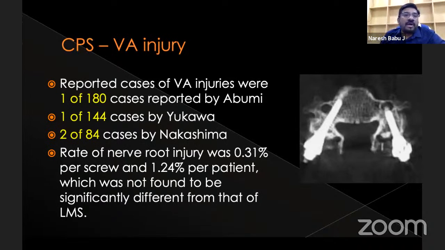Coming to vertebral artery injury, different series present different rates. In Abumi's series, there is one patient out of 180 cases, Yukawa has reported one case in 144, and Nakashima has 2 cases in 84. The rate of nerve root injury was 0.31% per screw and 1.24% per patient, which was not significantly different from that of lateral mass screws.